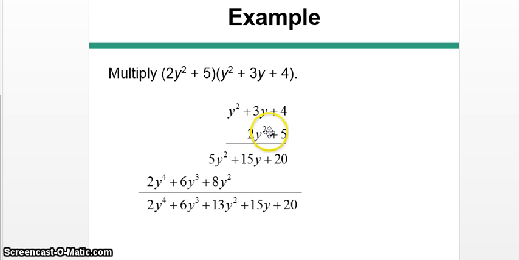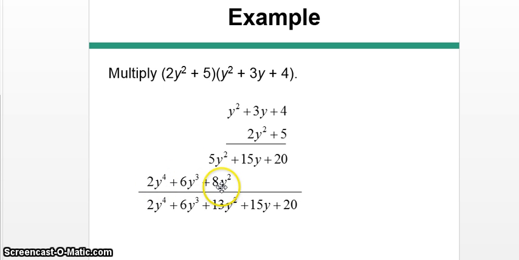Multiply in the same way. 5 times 4 is 20, 5 times 3y is 15y, 5 times y squared is 5y squared. Then 2y squared times 4 is 8y squared, 2y squared times 3y is 6y cubed, 2y squared times y squared is 2y to the 4.